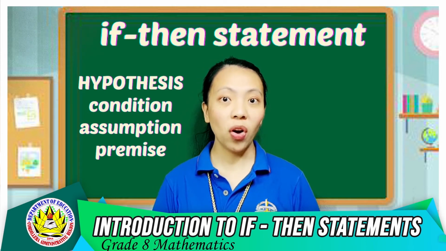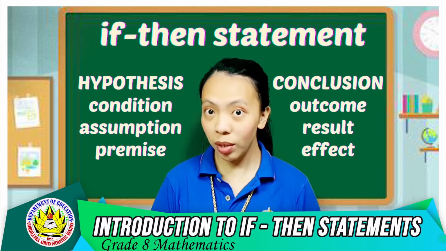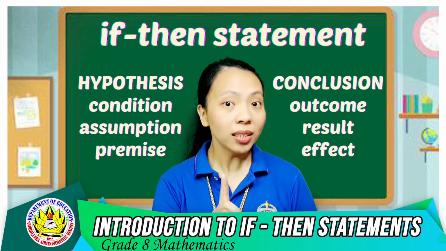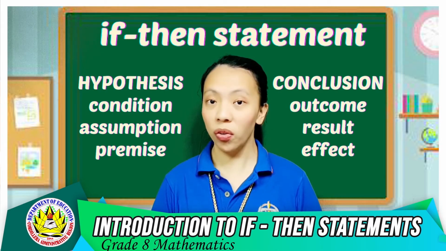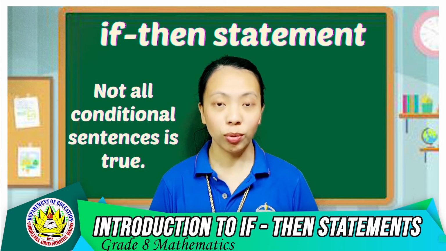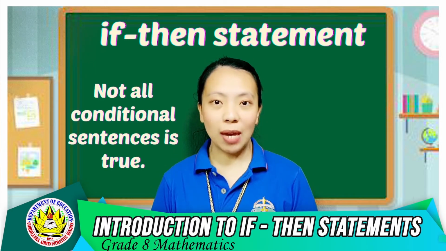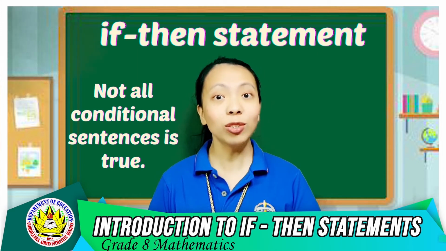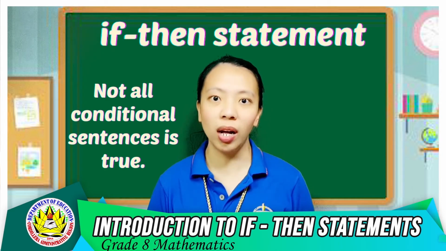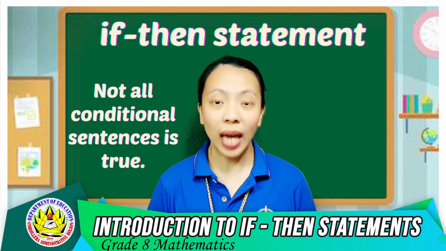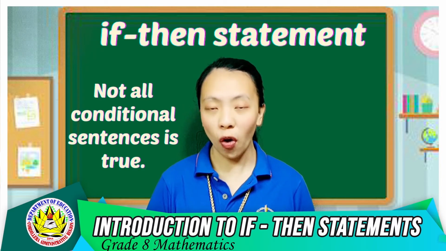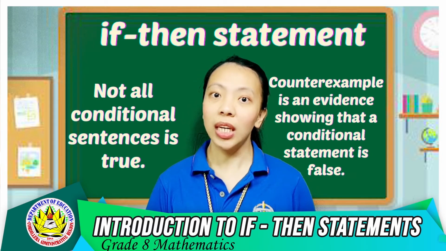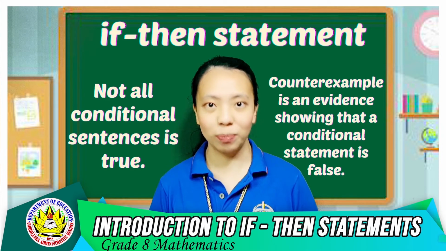The conclusion, on the other hand, is the outcome, the result, or the effect. Not all conditional sentences are true. If we are able to state an example that opposes that conditional, then that conditional is false. The evidence showing that that conditional is false is what we call a counterexample.